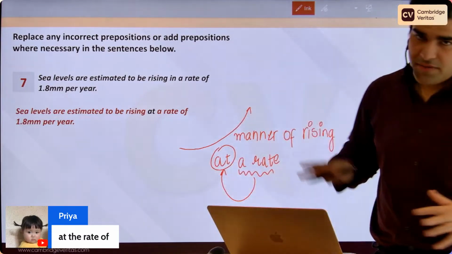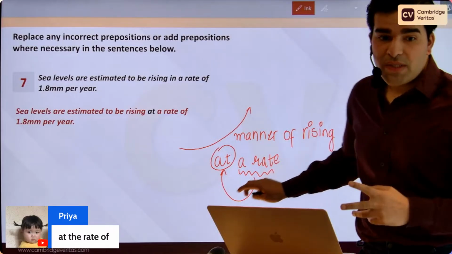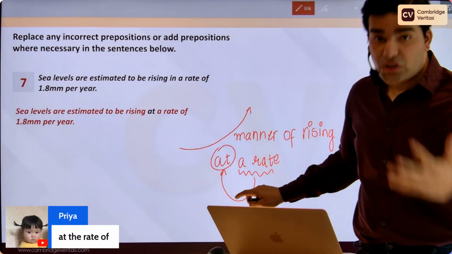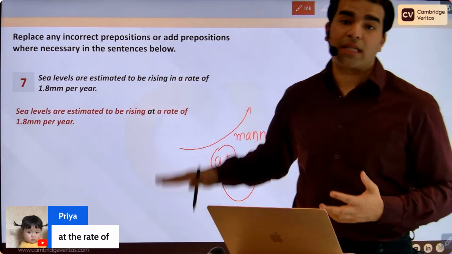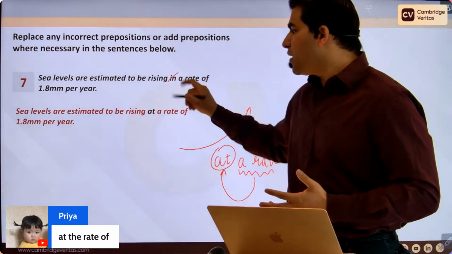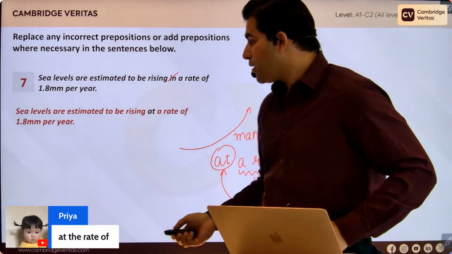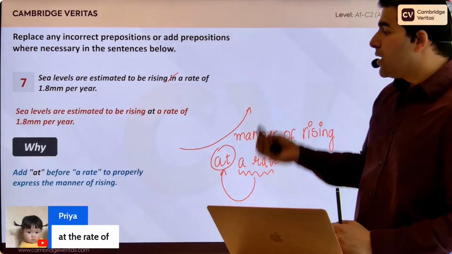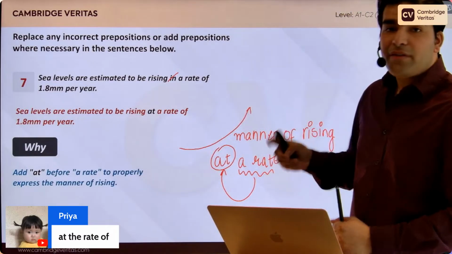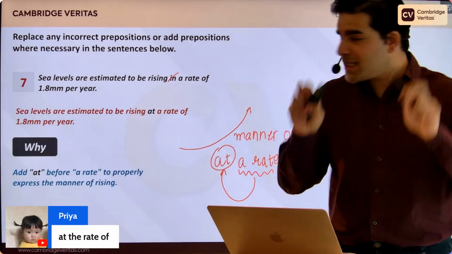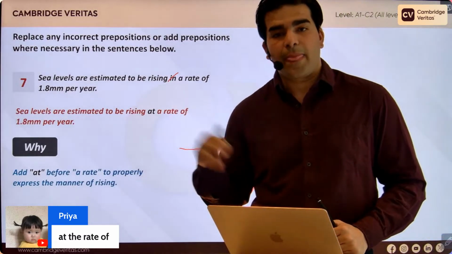Manner of rising, manner of decreasing, that's fine as well. Whenever you use the phrase rate, a rate, it is at a rate, not in a rate. Never in a rate. And I think that's what I've mentioned here as well. Please have a look. Why? Because we always add at before the phrase a rate to properly express the manner of rising, how it is rising.